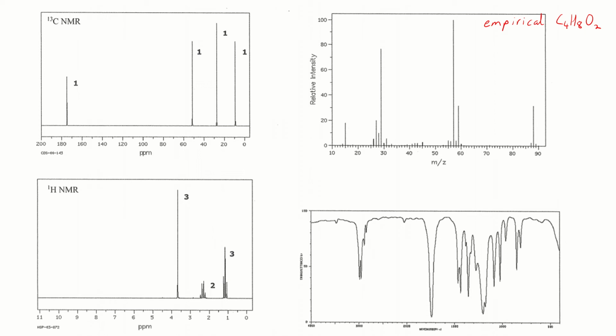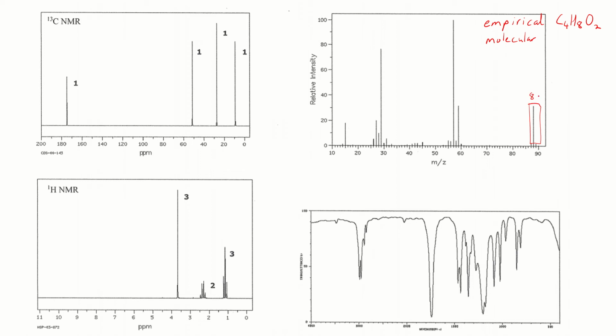Now at the top right, we've got the empirical formula. So again, just because I'm limited on space, I've taken the percentage elemental composition, worked it out, got C4H8O2. First thing I would do is I would want to know what the molecular formula is. So previous videos, you've seen me do this, where what we would do is we would look at the molecular ion.